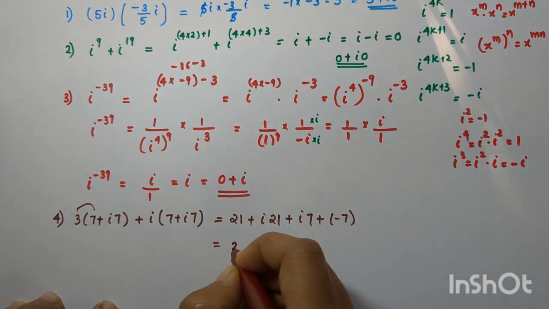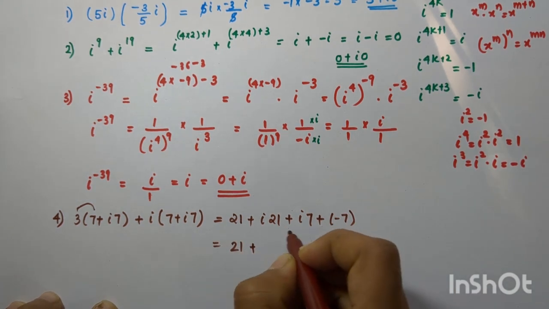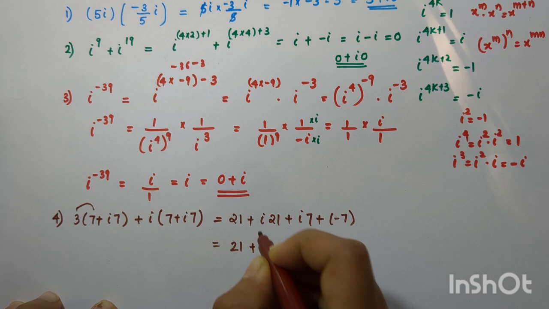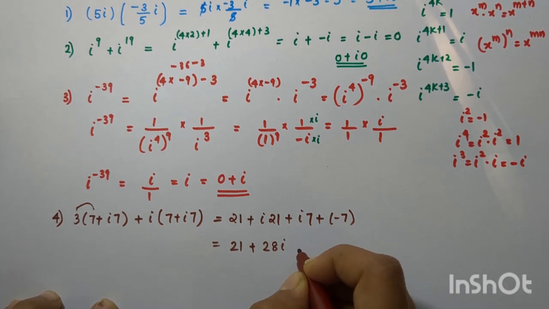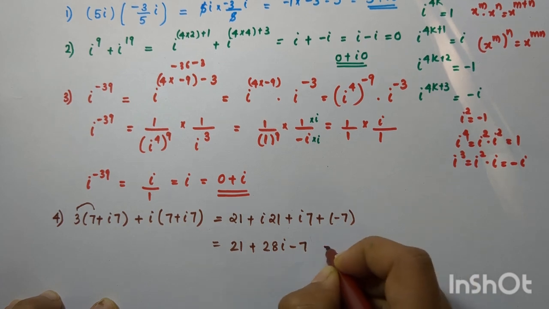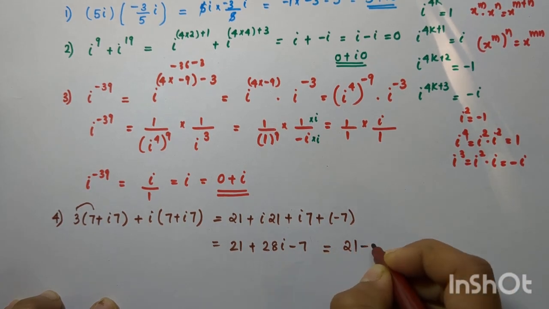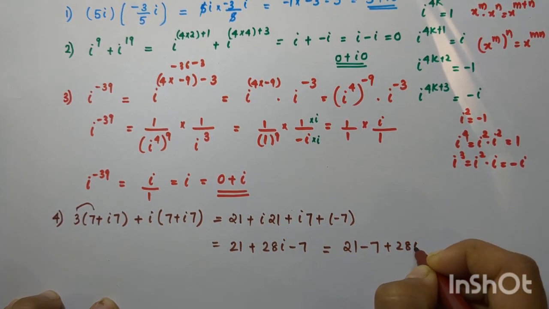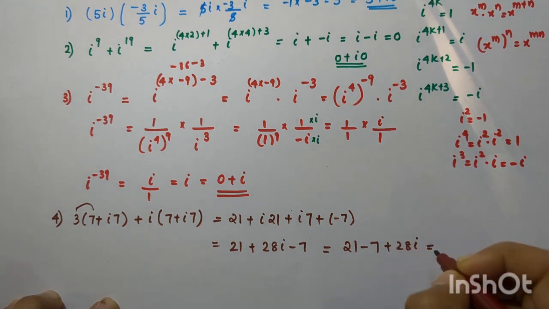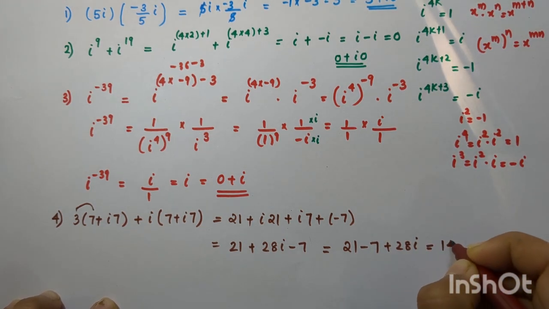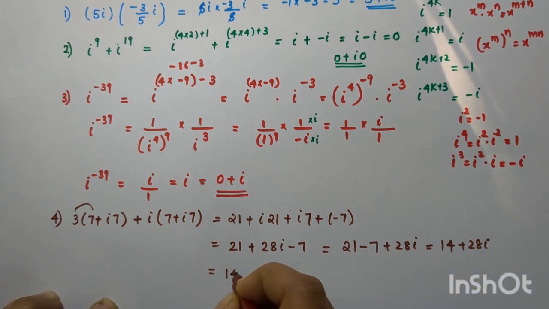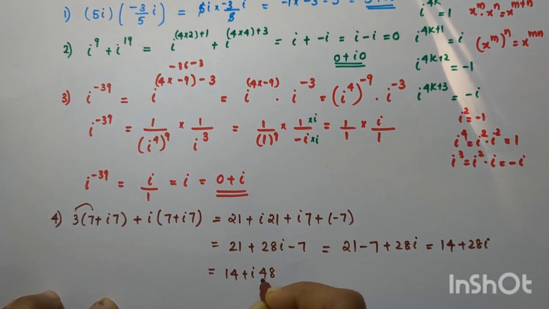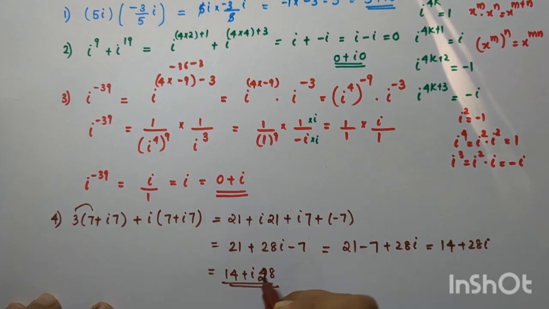This can be written as 21 plus 7i plus 21i, which is 28i, then plus minus 7. This is equal to 21 minus 7 plus 28i, that is 14 plus 28i, or we can write it as 14 plus i into 28. So this is of the form a plus ib now.